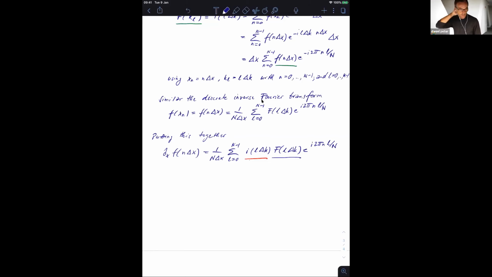I can quickly give you a note at the end that in order to work around this, people were looking for other transforms other than the Fourier transform. And what they found is a very convenient transform is the Chebyshev transform. So now you have basically a domain with a free surface on top.